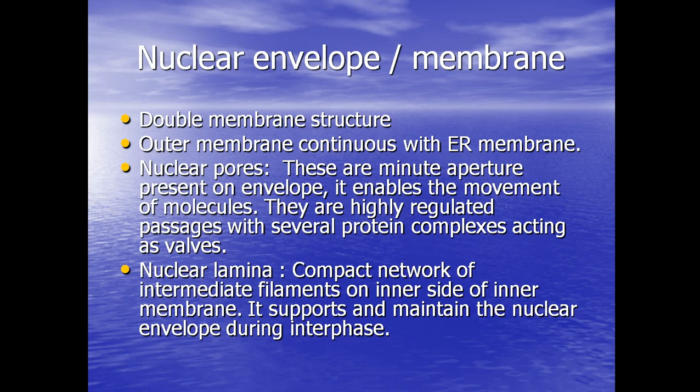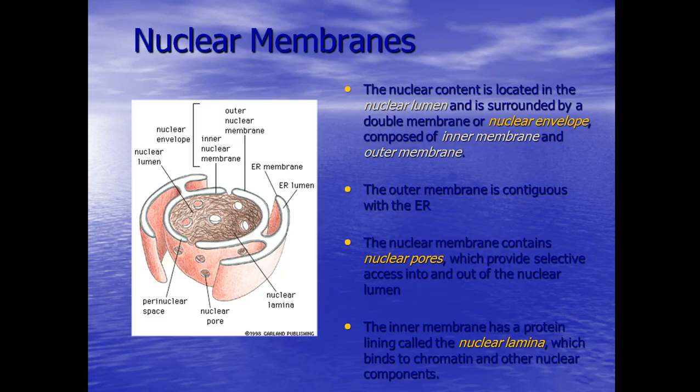This network of intermediate filaments on the inner side of the inner membrane is meant to maintain and support the nuclear envelope during the interphase.